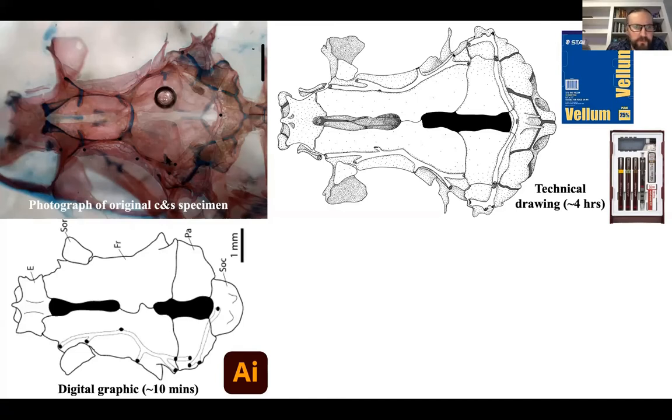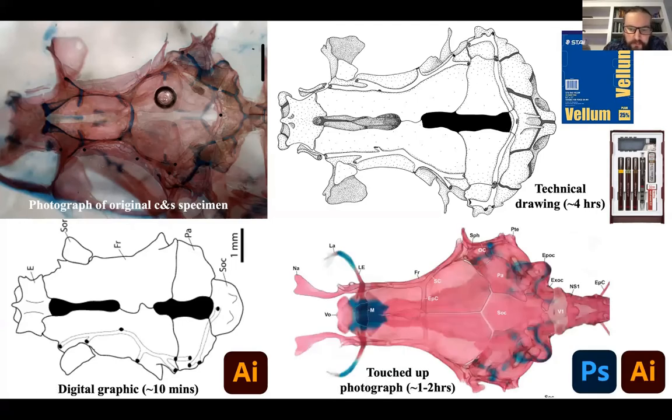An alternative would be to take the time to clean your cleared and stained specimens, and what you could do is actually produce a photograph, and that photograph could be annotated and touched up using, of course, software like Adobe Photoshop and Illustrator. And in this particular image, this is not a Cyrenacus. This is a clingfish.